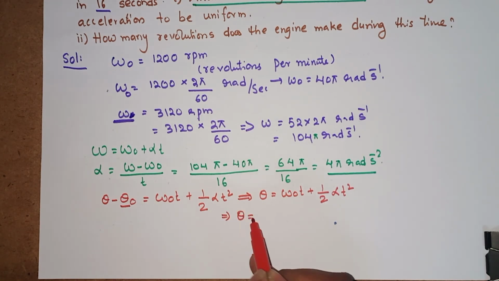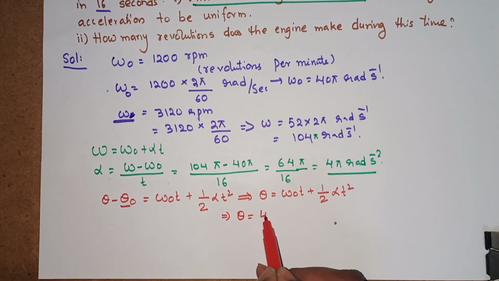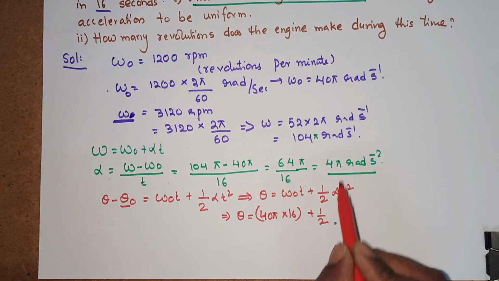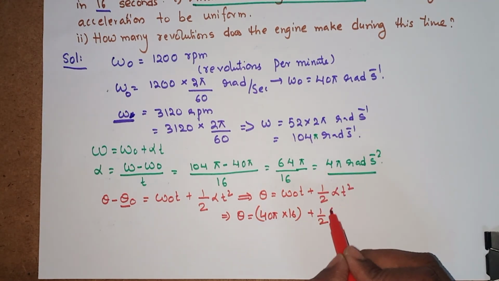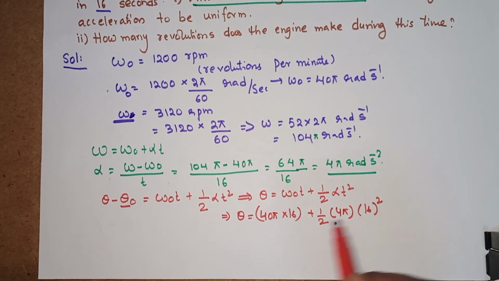Theta is equal to omega naught t plus half alpha t square. What is omega naught? 40 pi into 16, plus half of alpha, which we have calculated as 4 pi, times 16 square. Now we will write it and express it.